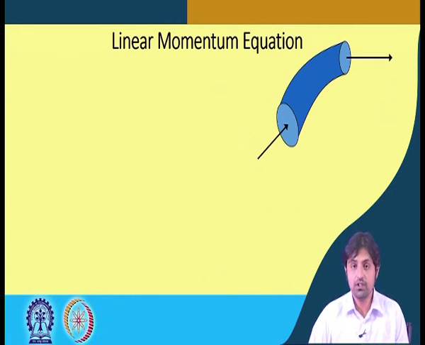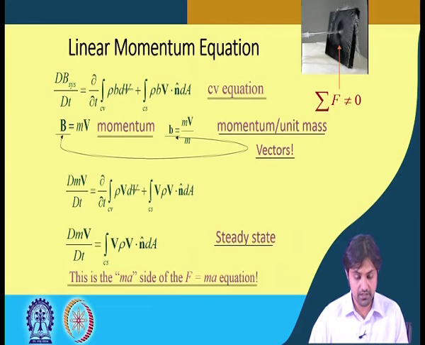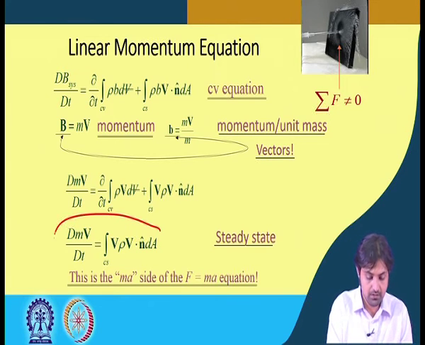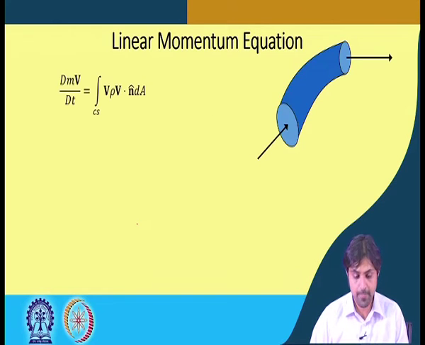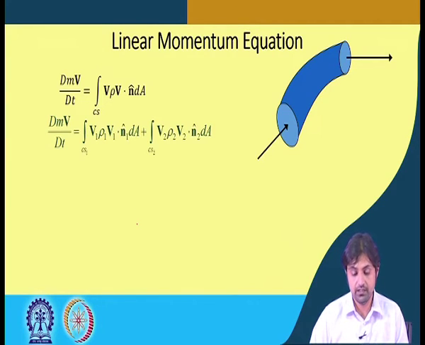Similar to the mass, we assume cross sections here, and we use the steady state equation that we have obtained on the previous slide: d(mV)/dt is equal to the integral of rho V (V dot n) dA.